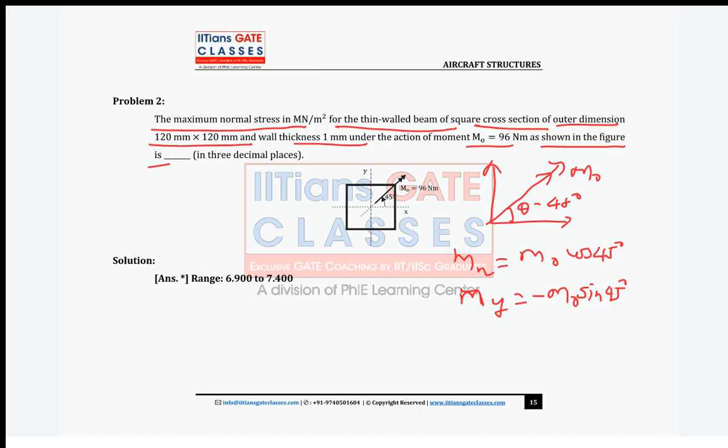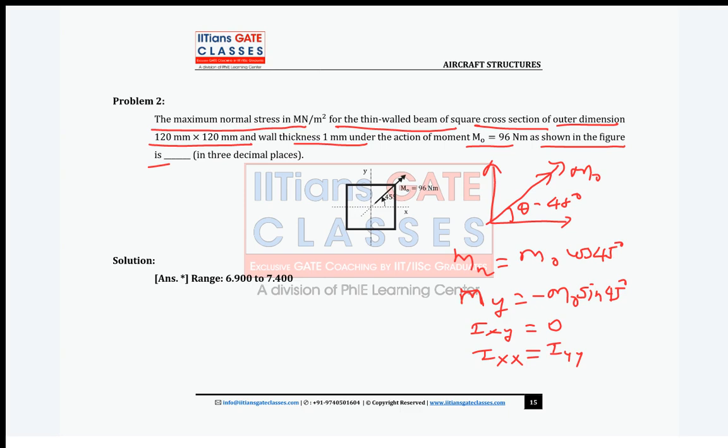Now guys, it's a square section, right? So what is your Ixy? It's symmetric, Ixy is 0. What about your Ixx and Iyy? They will be the same, because it's a square section. I am not finding the value, that we can do later.